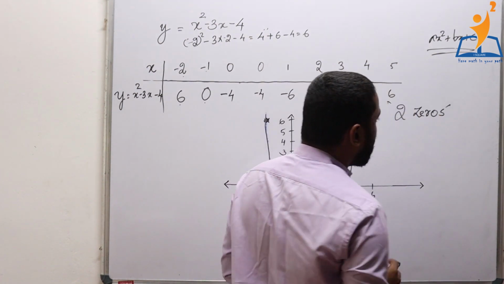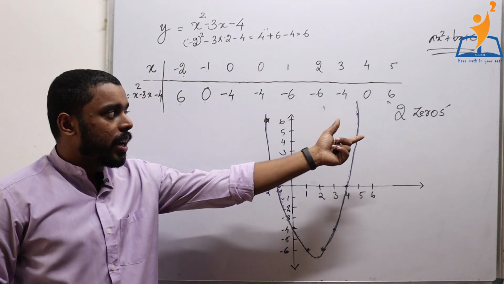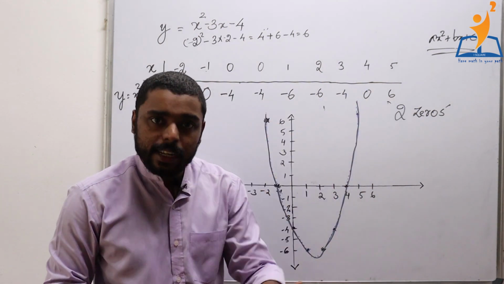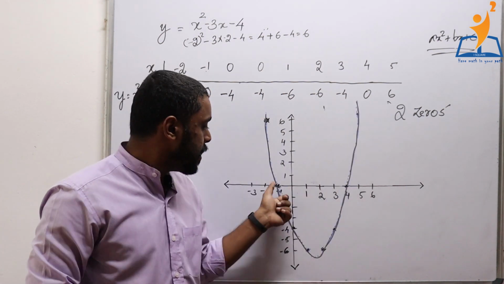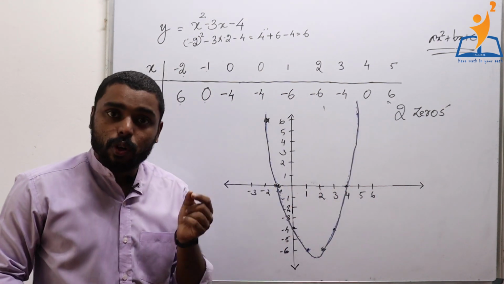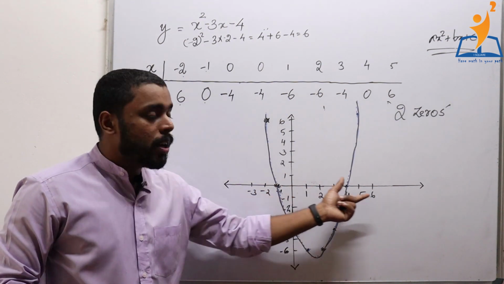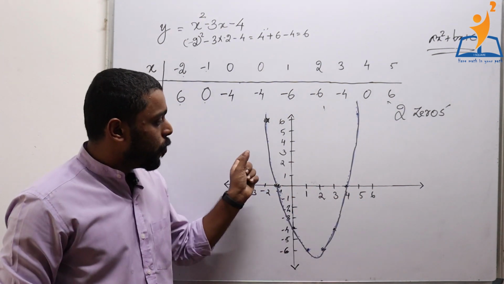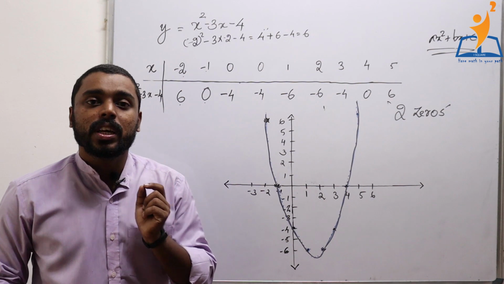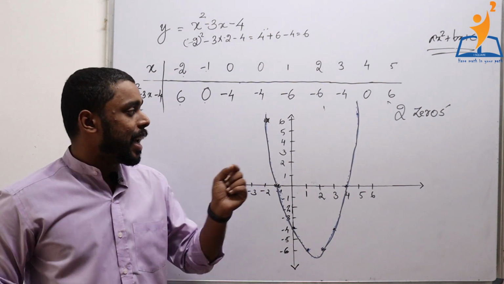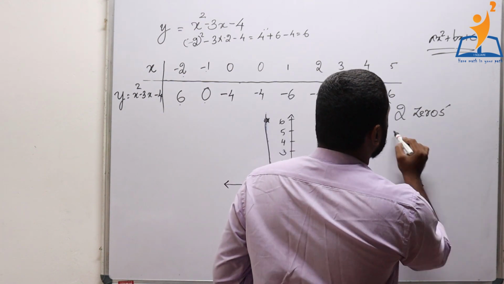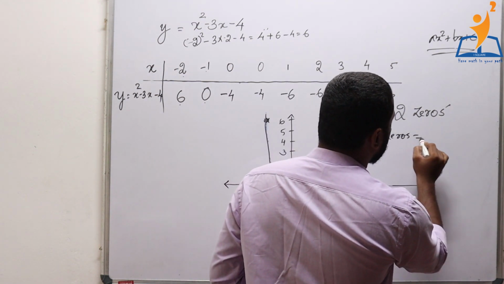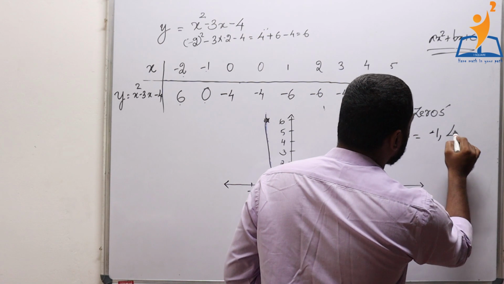So, we can say that a quadratic polynomial has 2 zeros just because that polynomial crosses the x-axis 2 times. If it crosses 3 times, then it will have 3 zeros. But here we have only 2 zeros because the polynomial crosses the x-axis only 2 times, and the zeros are -1 and 4.